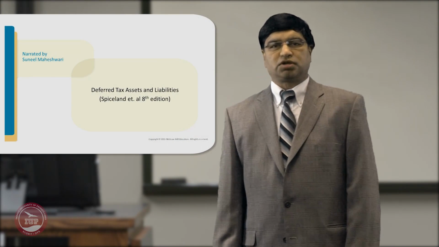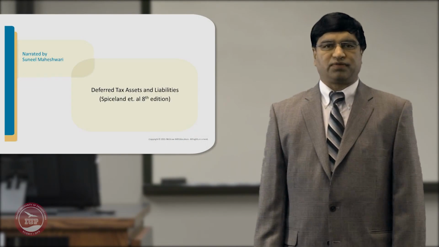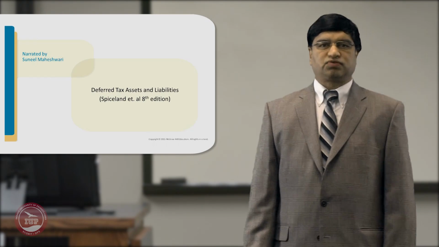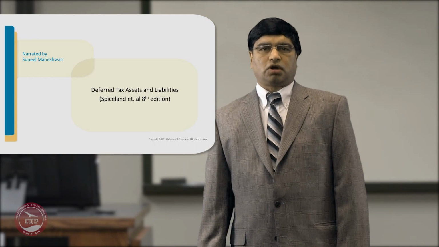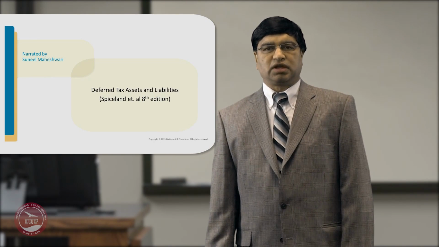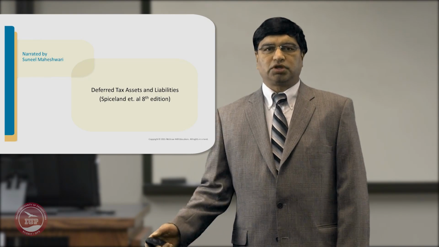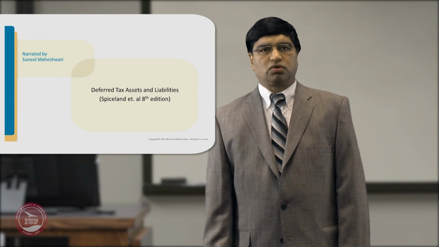We'll be talking in general about the topic of accounting for income taxes. Within the taxes, we'll be talking about two topics, which are deferred tax assets and liabilities. So when we talk about these topics, this is what we are going to do.